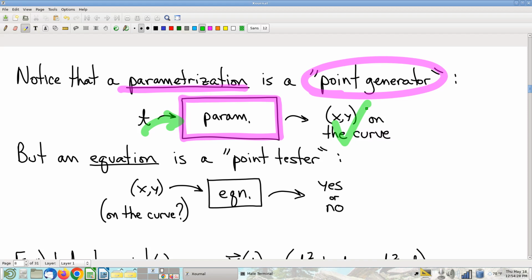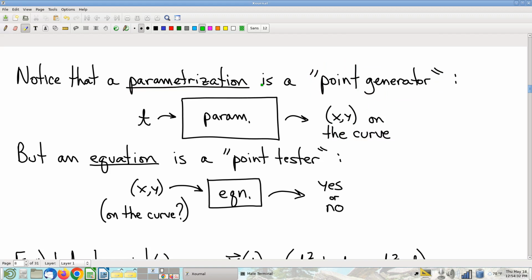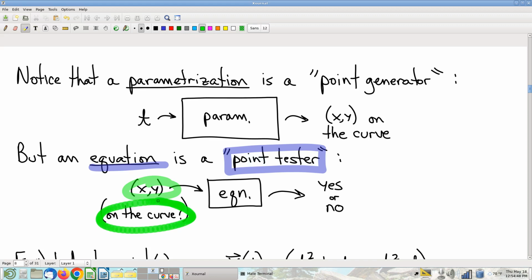I emphasize that is not what an equation is. Classically, when we write an equation in the usual sense, an equation is what I call a point tester. So x plus y equals 5 is an equation. What you put into that is a point that you don't know is on the curve or not.